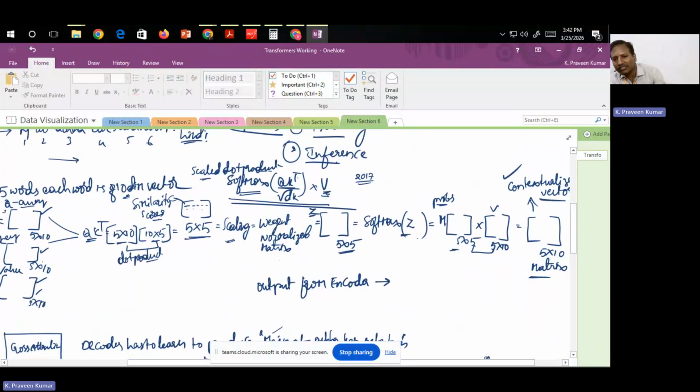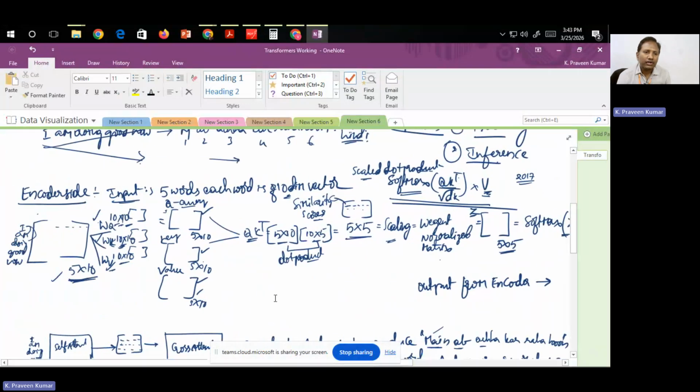So this entire process is happening at the encoder side. Once the encoder takes 5 words, each a 10 dimension vector, it is going to produce again 5 10-dimension vectors only. But now these vectors are contextualized vectors. Usually, finding these vectors itself is a big deal, with the help of word2vec or fastText.